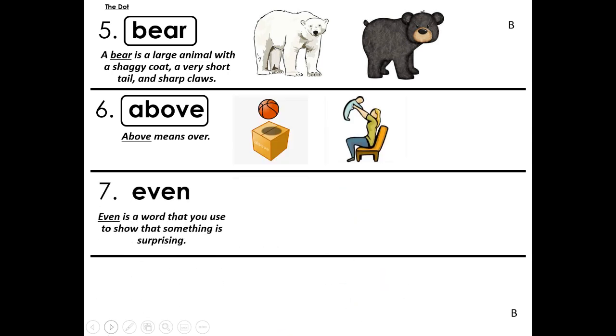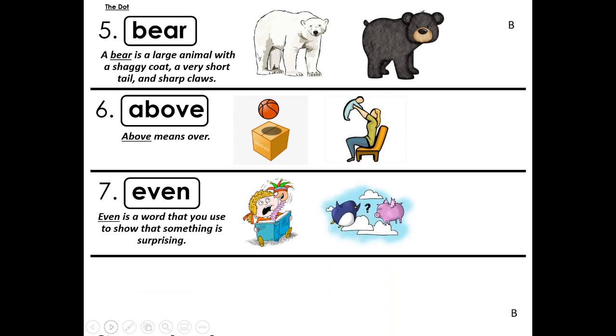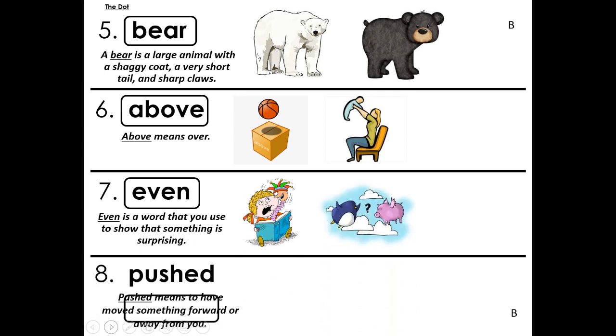Number 7, even. Even is a word that you use to show that something is surprising, even. And number 8, pushed. Pushed means to have moved something forward or away from you. Pushed.